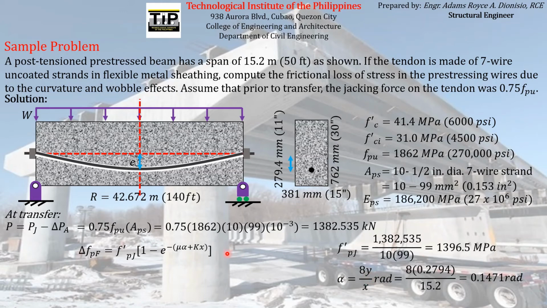So that is for alpha. For the magnitude of x, obviously we can use the total length of the member, 15.2 meters. Meaning we will solve for the pre-stress loss due to friction from the jacking end to the other end, with a distance x equal to the length of the beam, 15.2 meters.